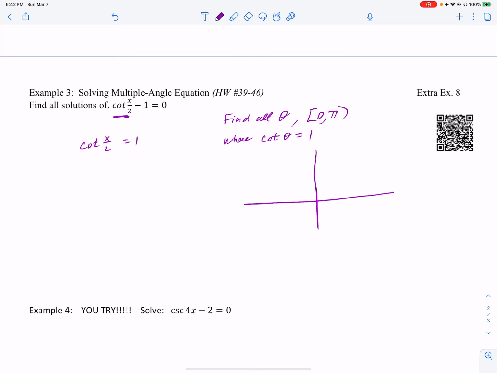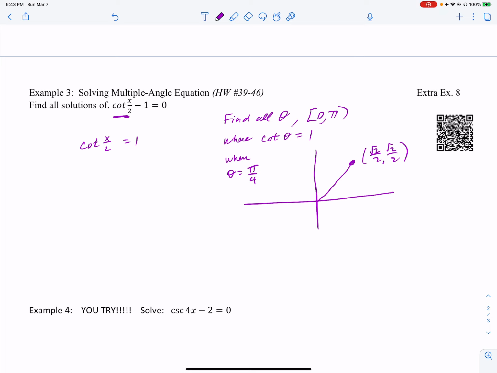So I have to just think in quadrants 1 and 2. Well, in quadrant 2, cotangent's negative, so it's got to be quadrant 1. And tangent and cotangent are 1 at that 45 degree angle, or pi fourths, because that's where x and y are the same, and cotangent is x over y, which is going to be 1. So it happens when theta is pi fourths.